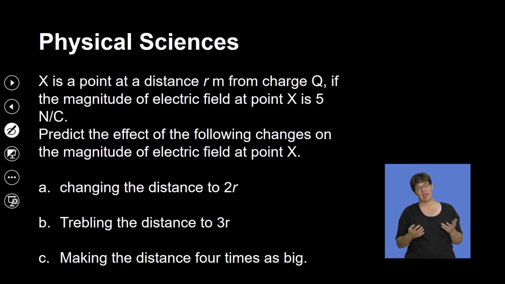Now, say for argument's sake, X is a point. X is not a charge, it's a point. It's very important to make that distinction. It is at a distance r meters from the charge Q. So we've got charge Q, and then a point X, which is a distance r from the charge Q that creates the field.